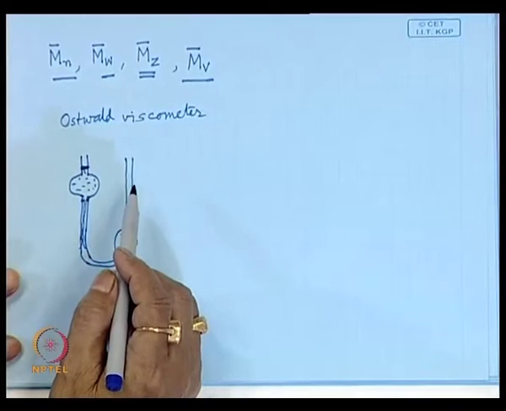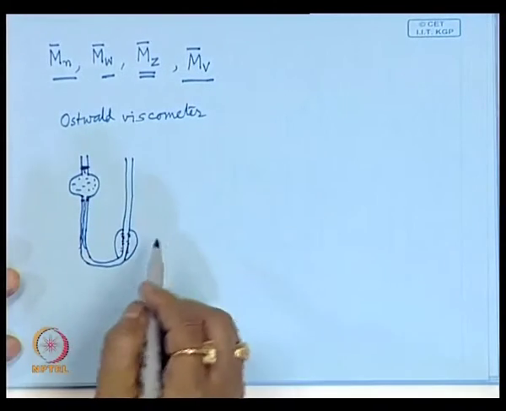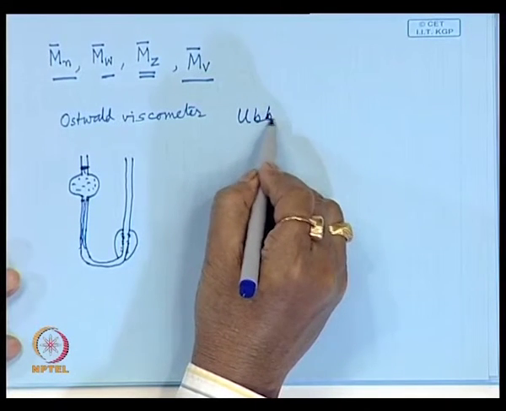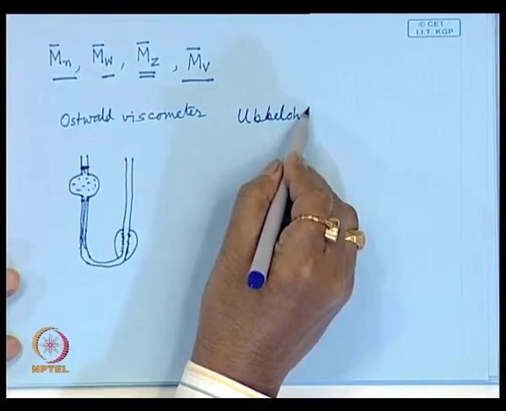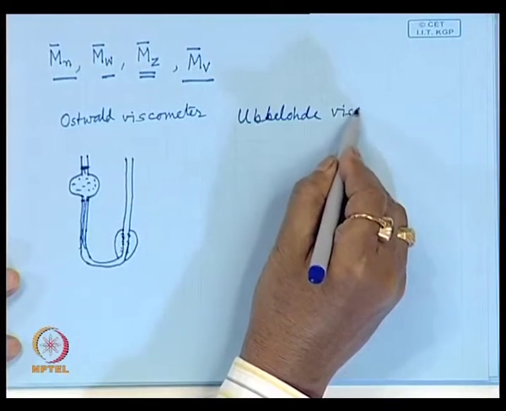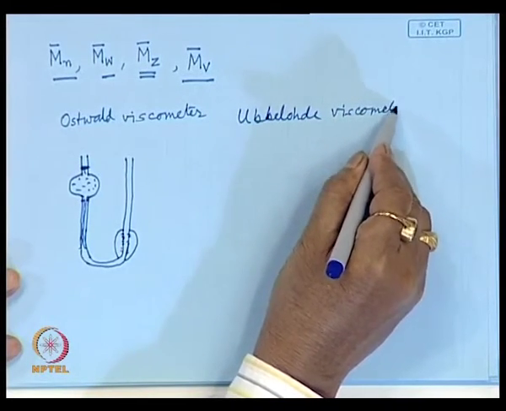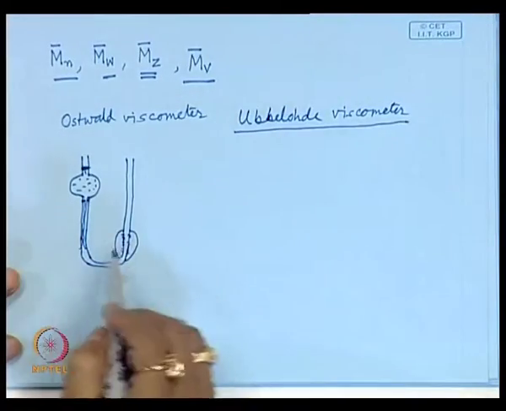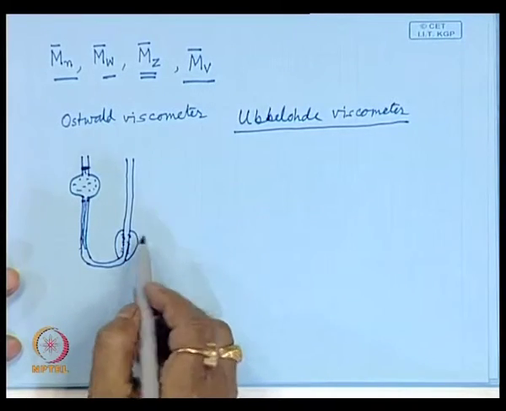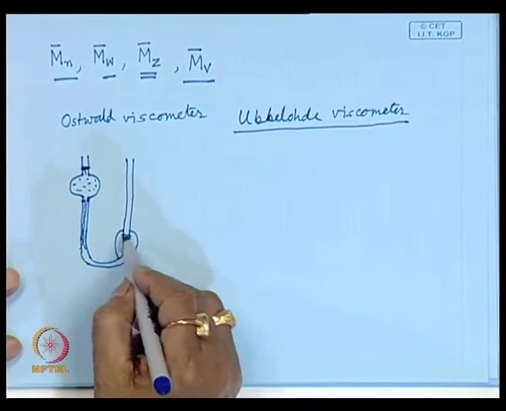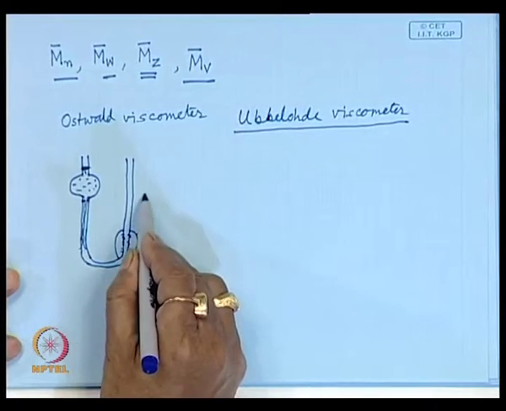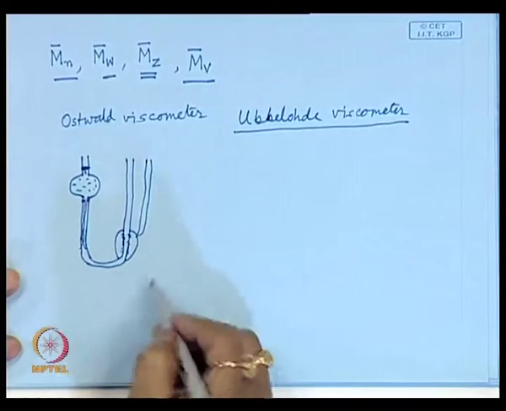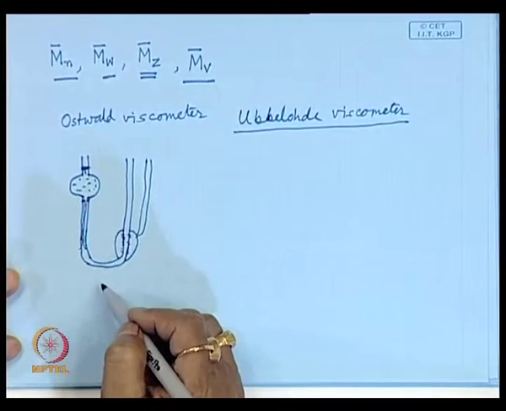But for polymers, another viscometer is used, that is known as the Ubbelohde viscometer. Now, in this viscometer, there is a provision for dilution within this bulb, which is having another limb over here. So, you can see this diagram of this viscometer given in textbooks.